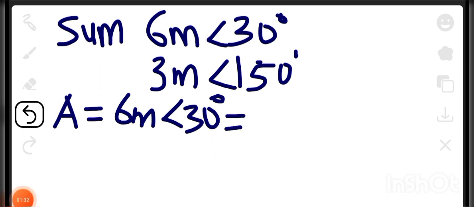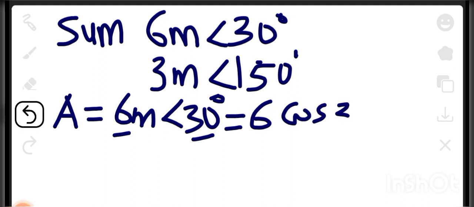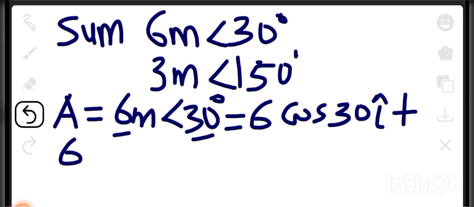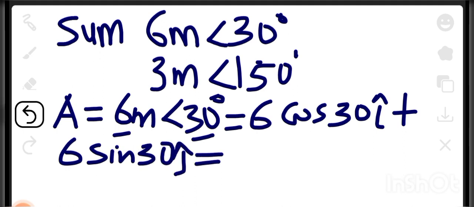We're going to have 6, then you take the cos of this angle, cos 30. For the x axis you put i, because we are using cos for the x axis. Plus the 6 again, then for y, sine 30, and for y you put j. So what is 6 cos 30 and 6 sine 30?